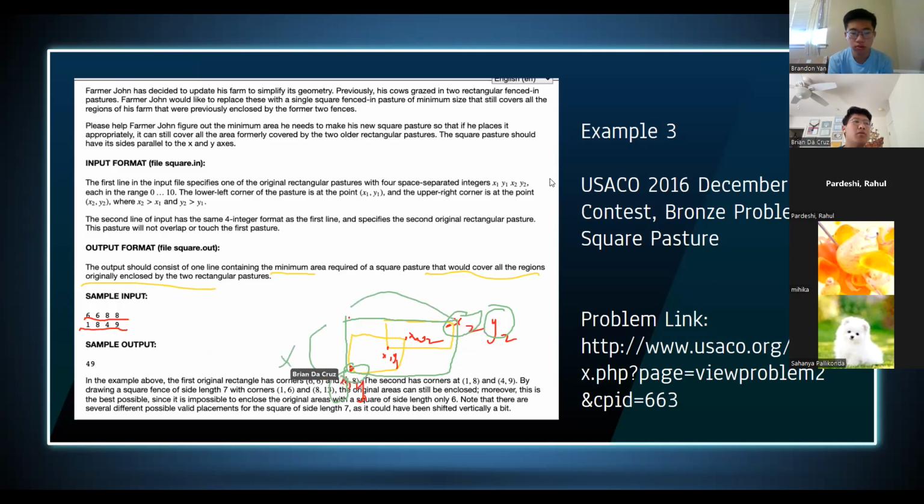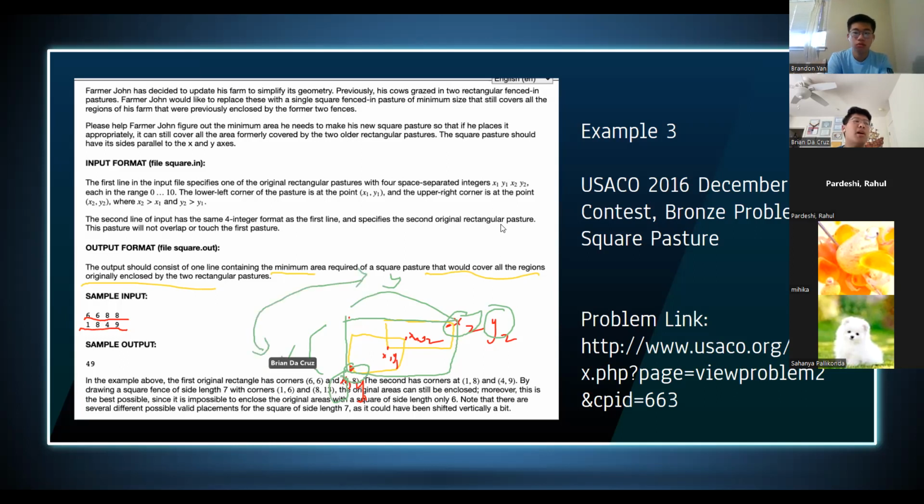I need x to be equal to y, right? But it's not necessarily the case if we're going to be given these inputs. So what we need to do is say, okay, basically we need x and y to be the same value. But if I make x too small, it won't cover the entire area we want to. If I make y too small, again, it won't cover all the area we want to. So we need to take the maximum between x and y.